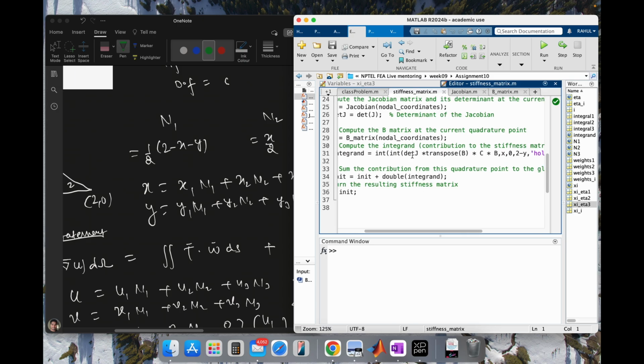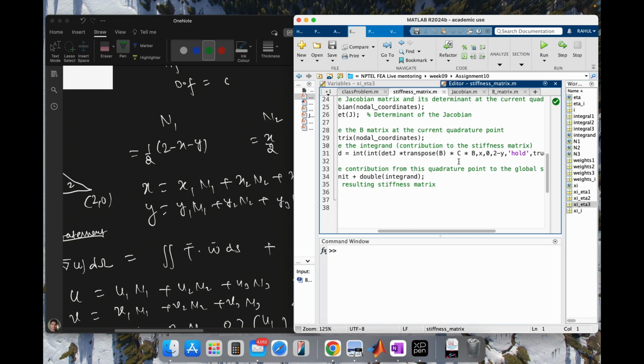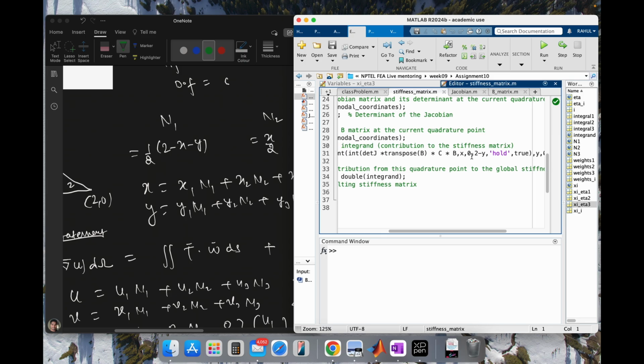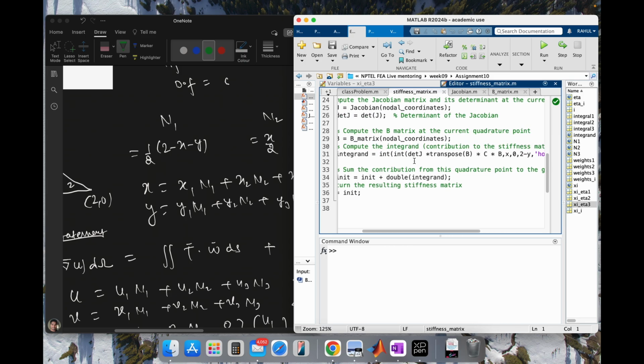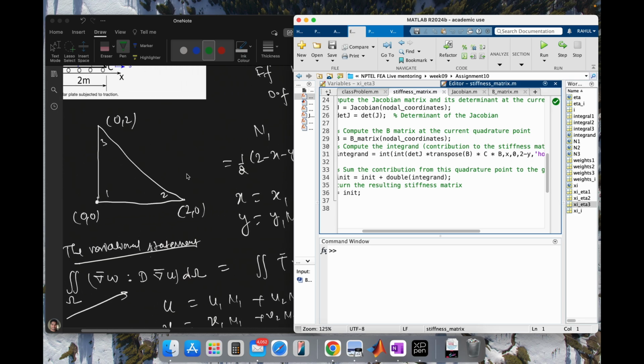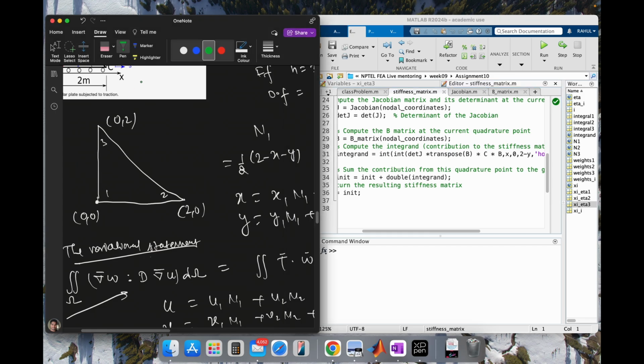The integrand will be the integral of the determinant of J, then transpose of B, C, B. For the integration, first we need to integrate with respect to x, which will go from x equal to 0 to x equal to 2 minus y.